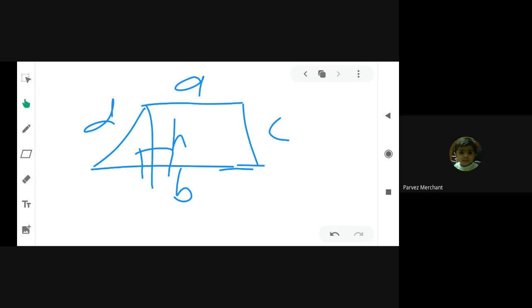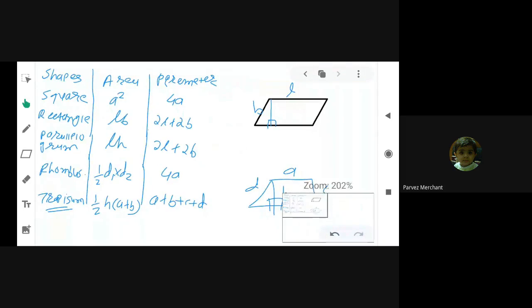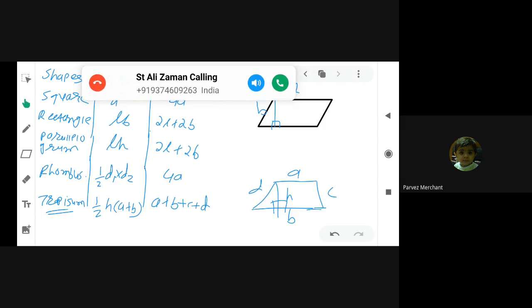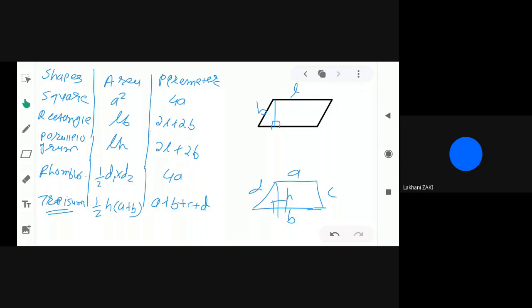So please remember all these formulas. Now take a screenshot. Today we are not doing any question, I am just writing all the formulas regarding the quadrilateral: square, rectangle, parallelogram, rhombus, and trapezium. Please remember all these formulas regarding area and perimeter. Are you getting it? Yes, sir.